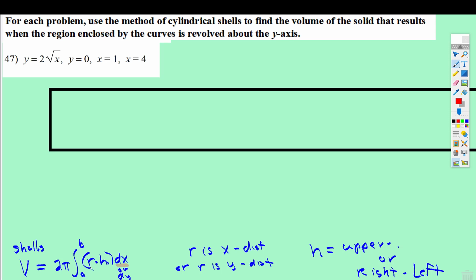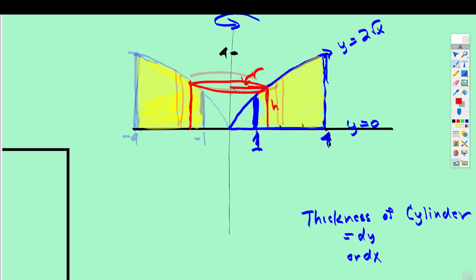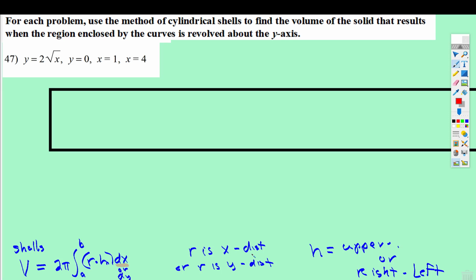Now, what's important to note is the radius, so let's come over here. Look at the radius. We just went from here to here. Well, at any given point, it's just an x value. That distance right there is an x value. All right? Or if we were drawing it like this, that's a y value.